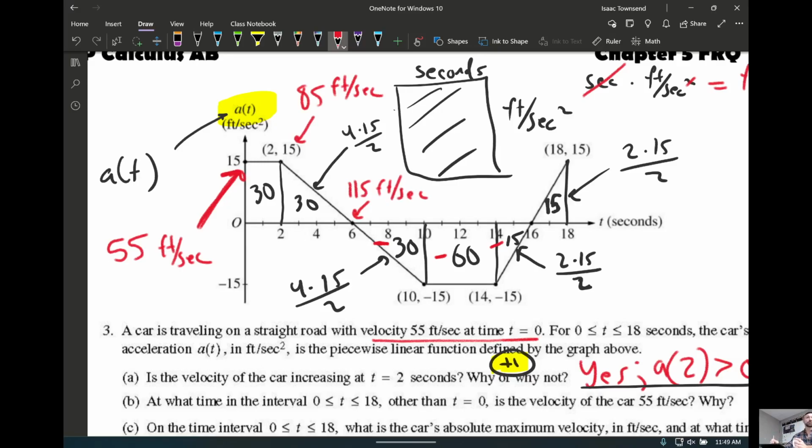It's going to be helpful if you write these things down on your graph as we go through. Then at t equals 10, we've lost 30 feet per second. So if it was 115 here, minus 30 gets us back to 85 feet per second.